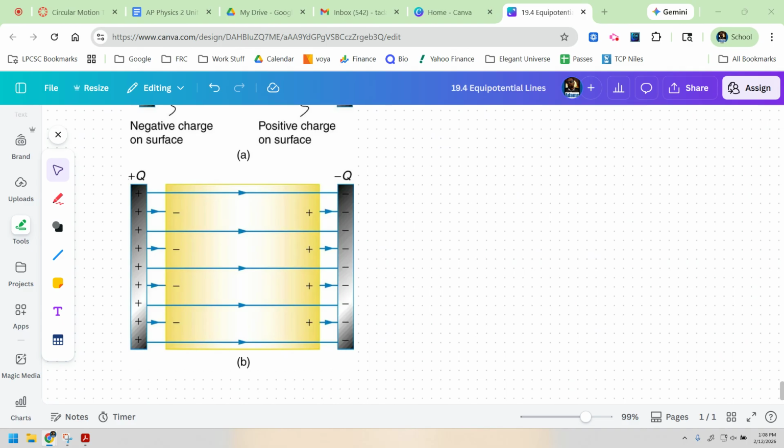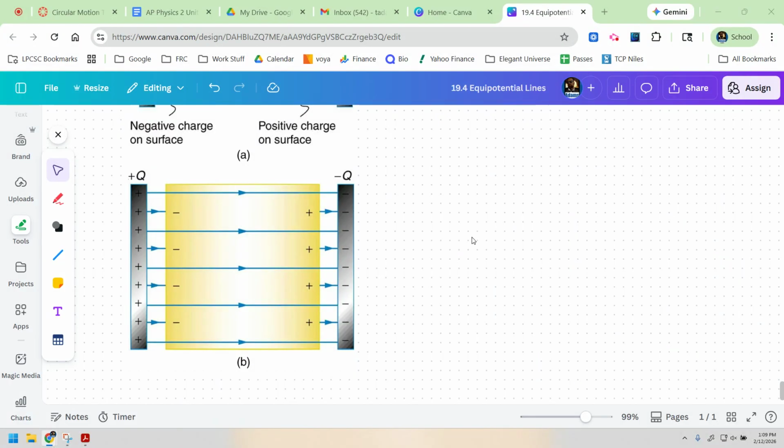So the voltage between the plates, V equals Ed, is reduced by the dielectric. Thus, a smaller voltage V for the same charge Q, since C equals Q over V. So the capacitance is greater, right?